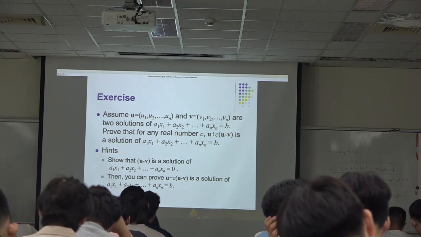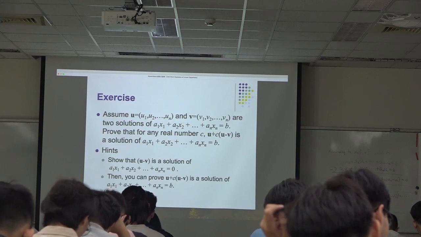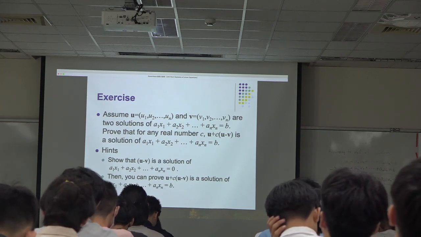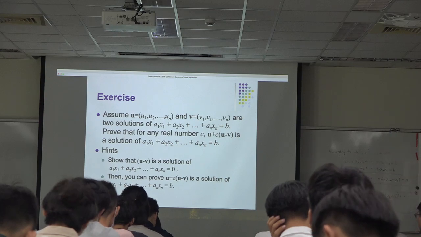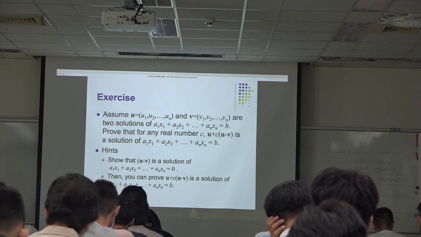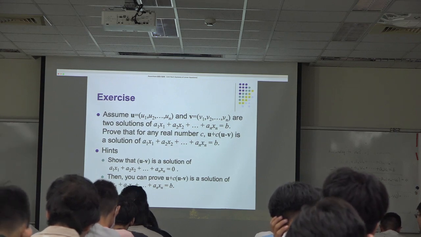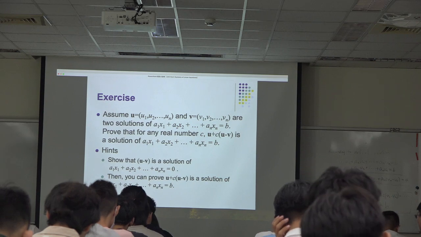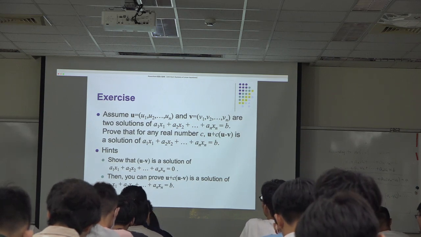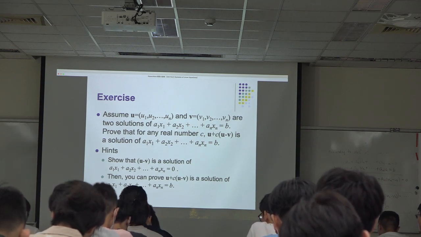So on the left-hand side, we will have A1 U1 plus A2 U2 plus and so on plus AN UN, plus C times (A1 U1 minus V1).